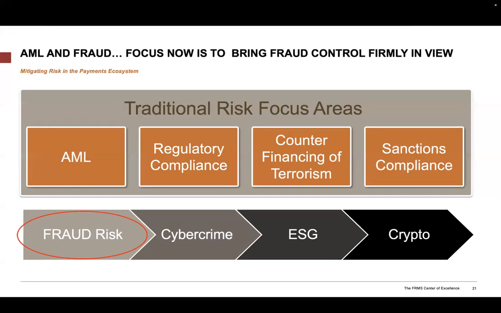I want to key in on this one. When we come down to the traditional risk focus areas, you've got your AML, compliance, counterterrorism finance, sanctions screening, all these different things. We're all about fraud. We're just doing fraud. We're trying to help you keep your money.